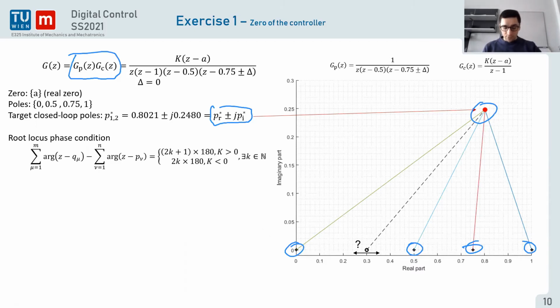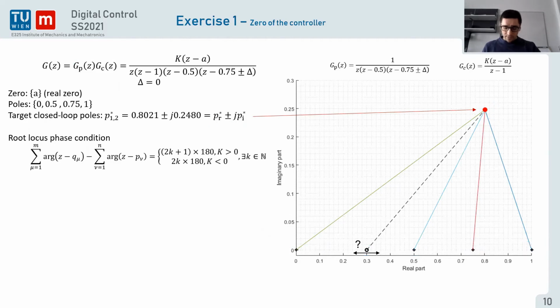And finally, I have also to plot all the zeros. Currently, the problem here is that the zero for our system is the zero of the controller, and we don't know where it is. So here I just plotted it here, but I could have plotted it here or there or wherever I want, okay? This is to be defined.